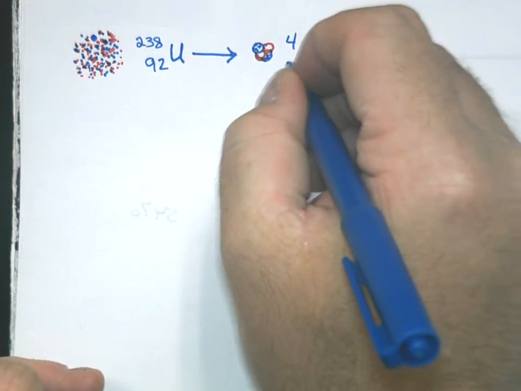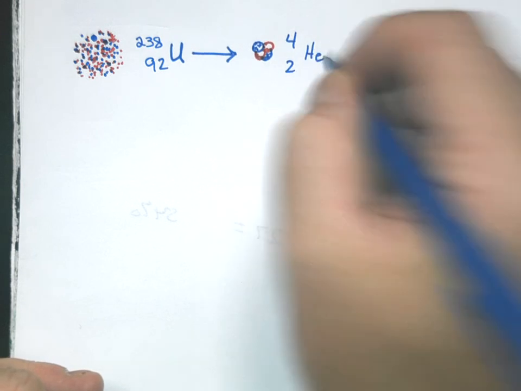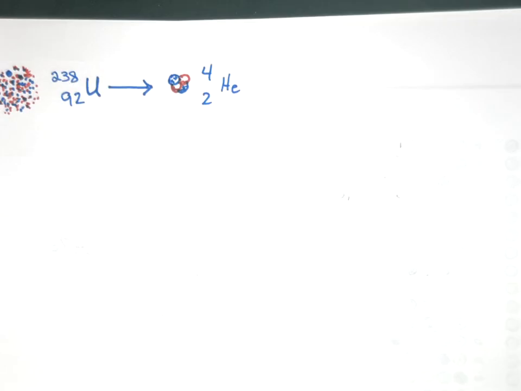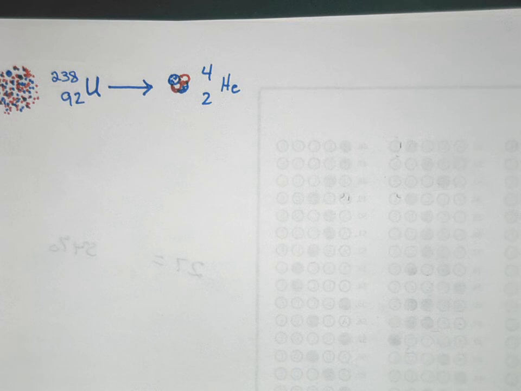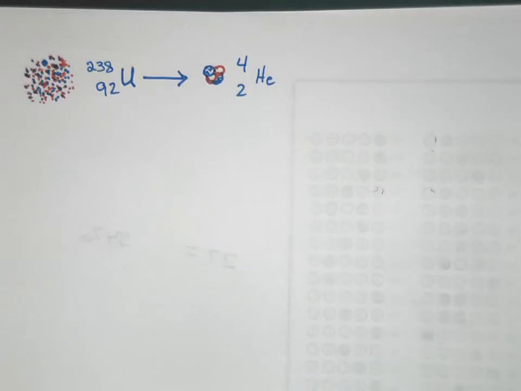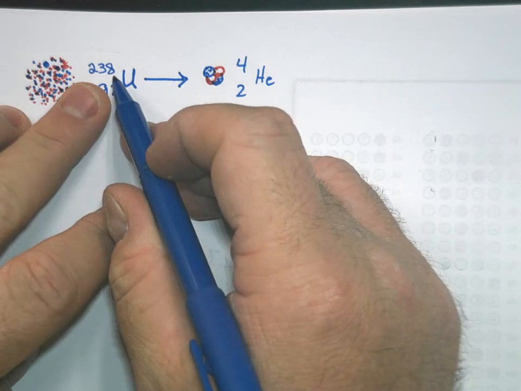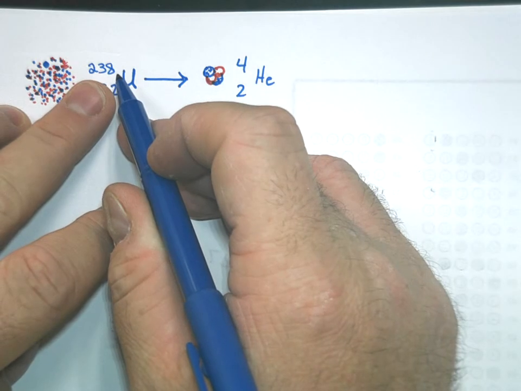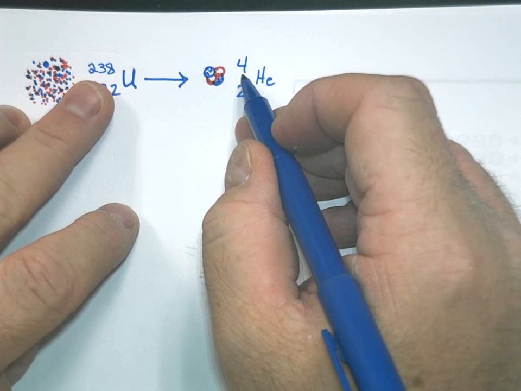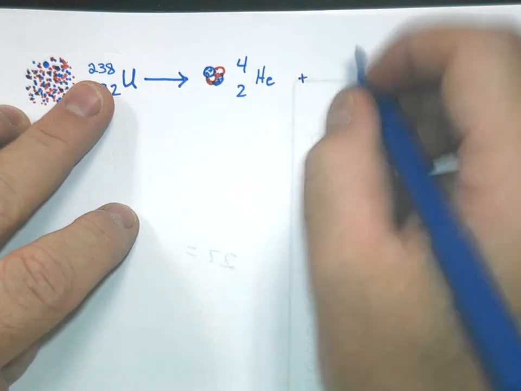Okay, and so what's left behind? If it kicks this thing out, what's left behind? We started with 238 protons plus neutrons, and we kick out 4 of them. What do we have left? 234 of them.